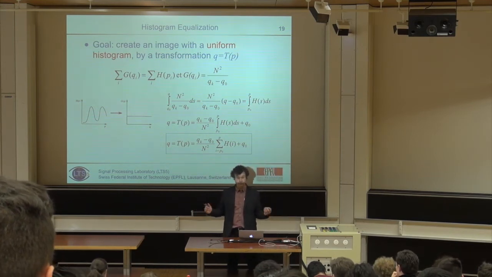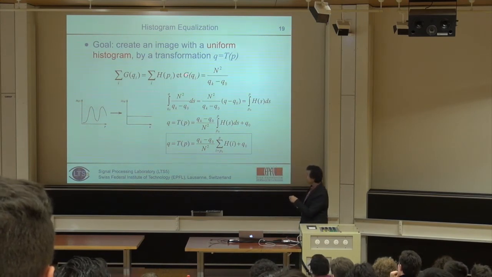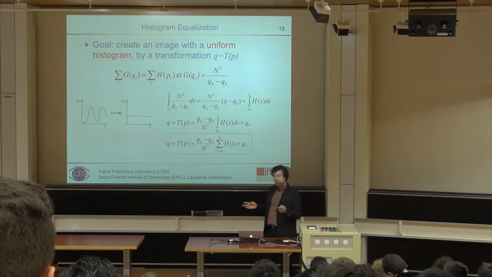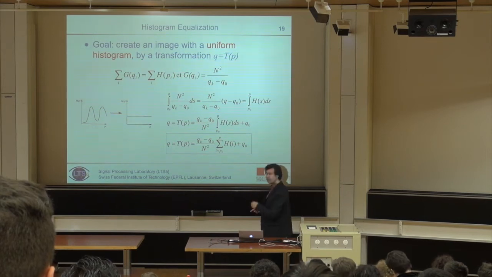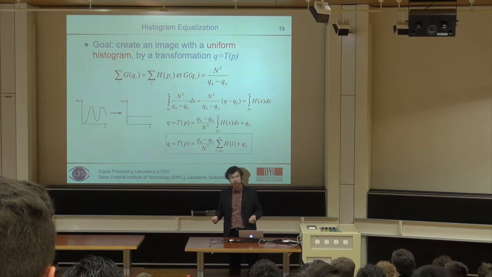And my objective is to have the histogram of the output image as flat as possible. In an ideal continuous world, it should be the number of pixels, n square is the number of pixels. It's not the square of the number of pixels. It's the number of pixels, assuming that n is the dimension of my image if I assume a square image.